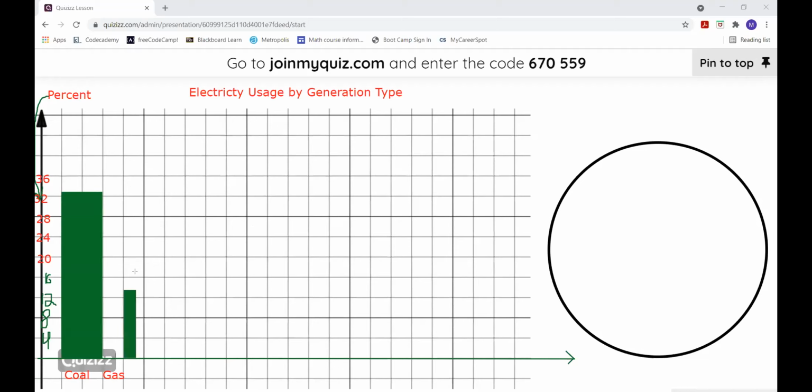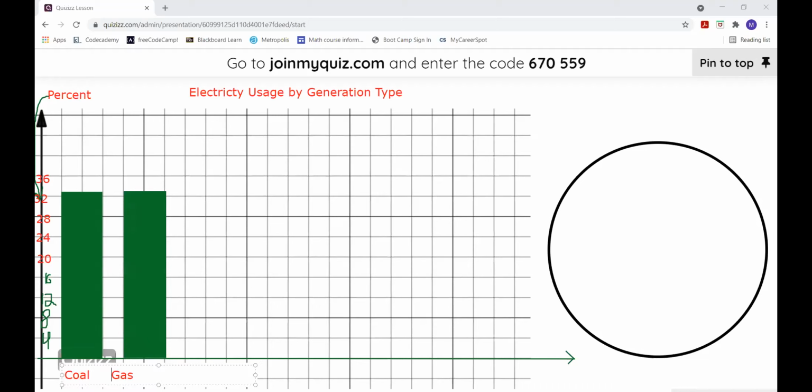Here's my coal, here's my gas at the same height. What else do I got?